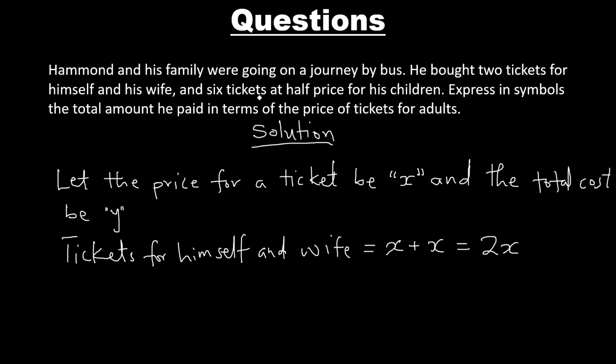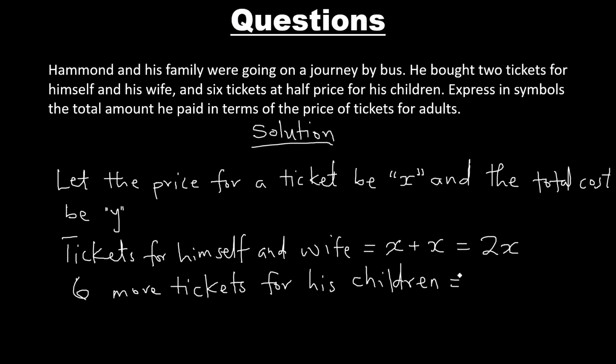They went ahead and bought 6 more tickets at half the price for his children. 6 more tickets for his children. So let's write it this way. 6 more tickets for his children will be X plus X plus X plus X plus X plus X. That means 6 of X or 6 times X. So we can just write 6X, or X plus X plus X 6 times.